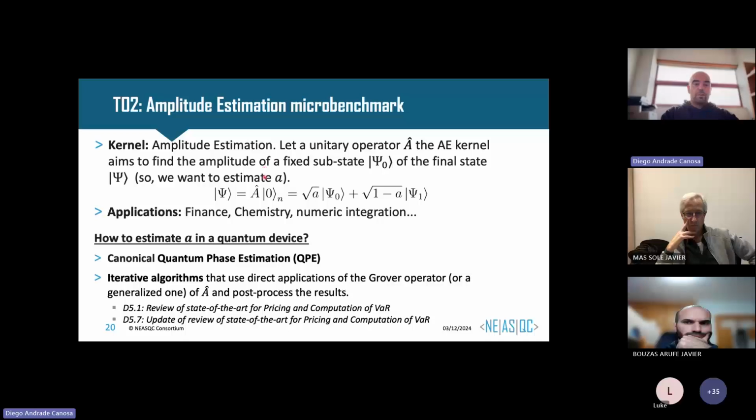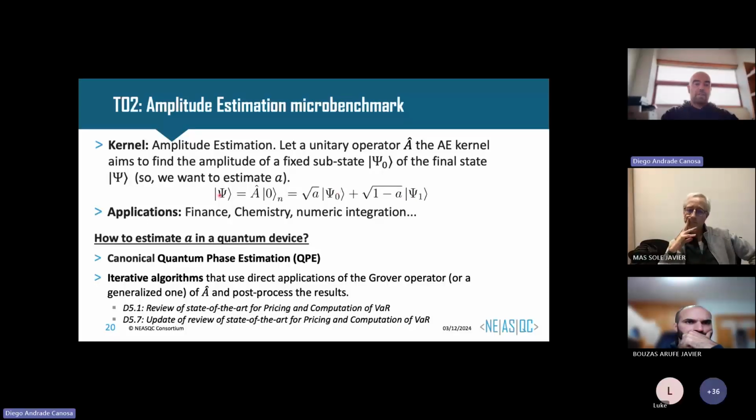So given the state psi, we apply the operator A on the qubits initialized to 0, and we are supposed to obtain psi 0 with a given probability. This is going to be the square of the amplitude. And with the complementary probability, we are going to get a bad state, psi 1.